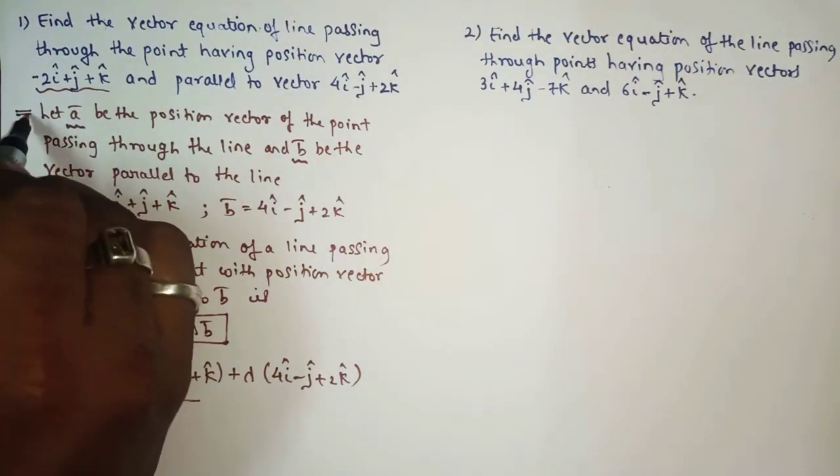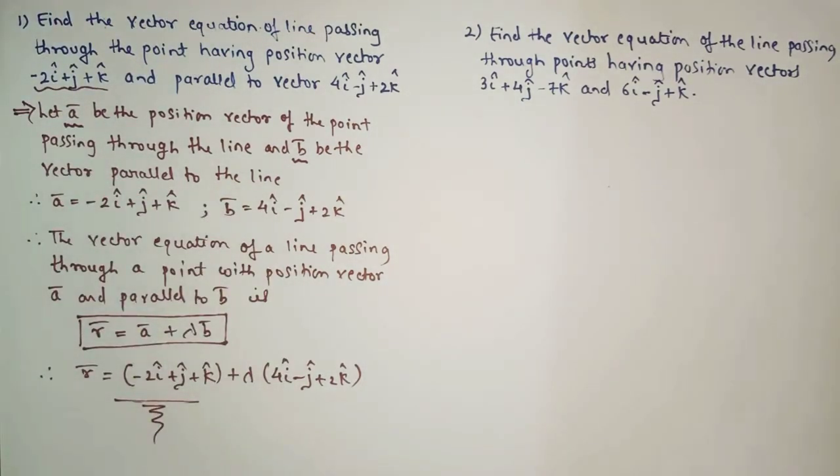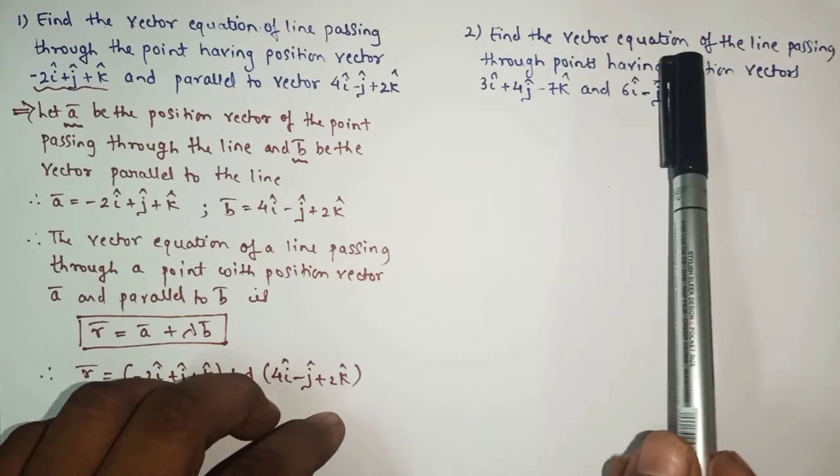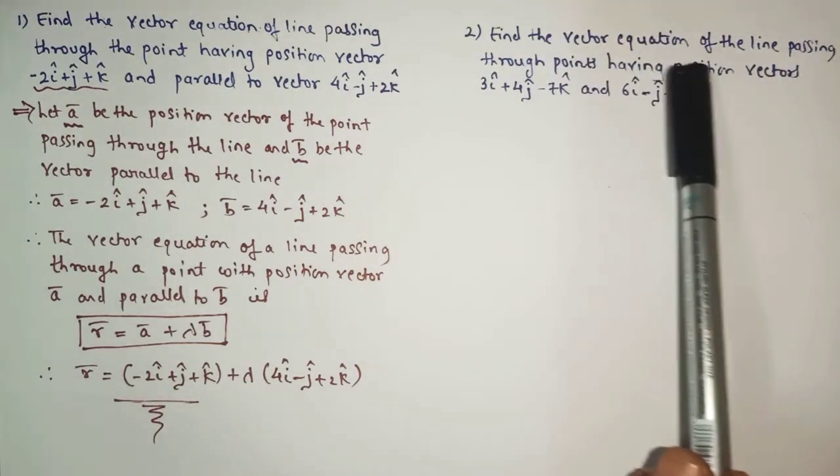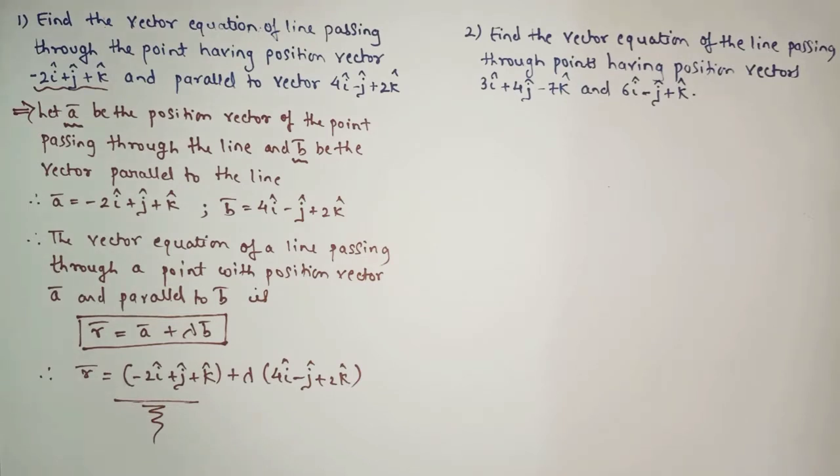Okay, so let's move on to the second sum. It says that we have to find the vector equation. Again we have to find the vector equation in this question also, as we are dealing with the sums based on the vector equation only, not on the Cartesian equation.